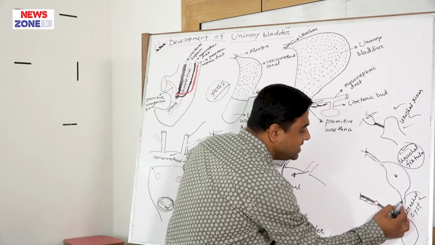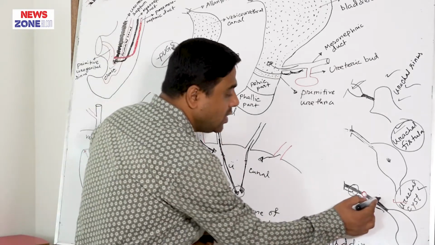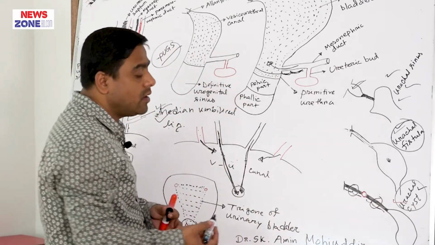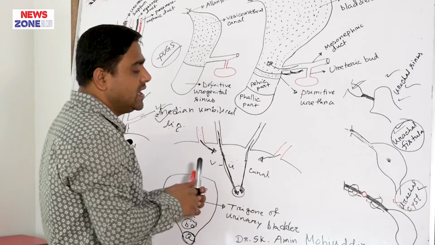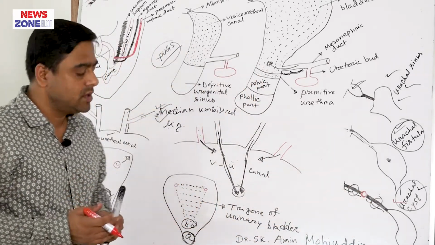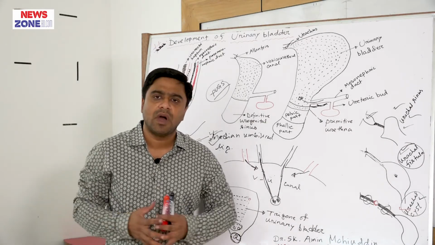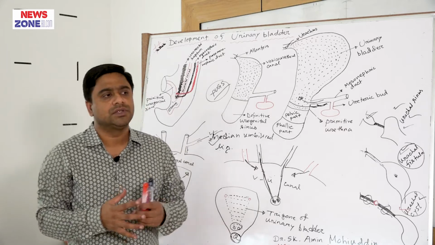In case of urachal cyst, the upper portion of the urachus becomes a fibrotic cord, and the lower part also becomes a fibrotic cord, but the middle portion remains patent and forms a cyst. This condition is known as urachal cyst. We know that by the lateral folding of the embryo, the ventral body wall of the embryo closes.